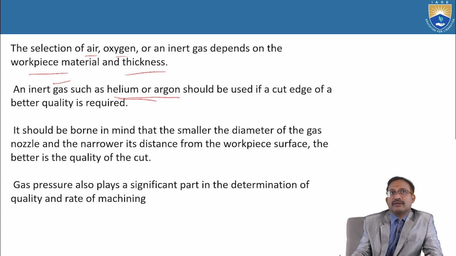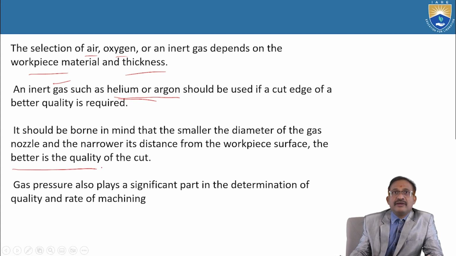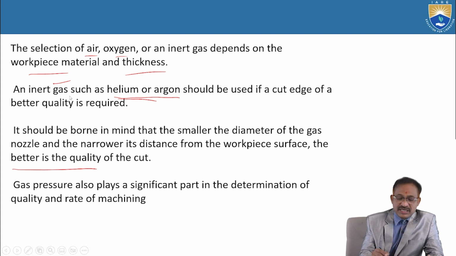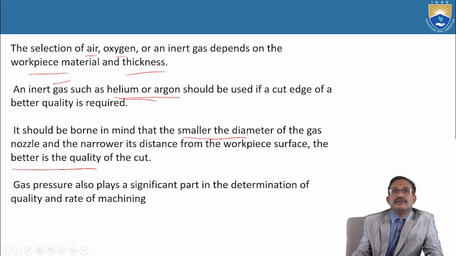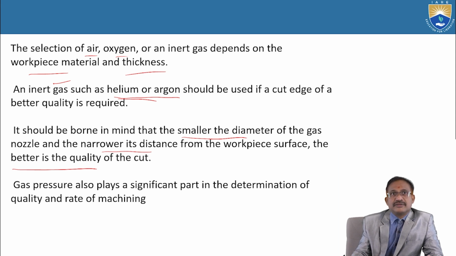It should be borne in mind that the smaller the diameter of the gas nozzle and the narrower its distance from the workpiece surface, the better is the quality of the cut. These two cause better quality of the cut.